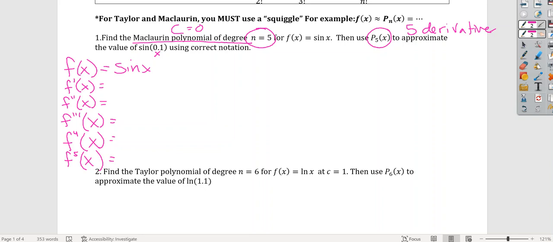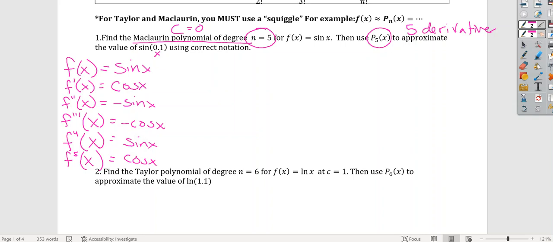Derivative of sine is cosine. Derivative of cosine, negative sine, negative cosine, back to sine, and then back to cosine.